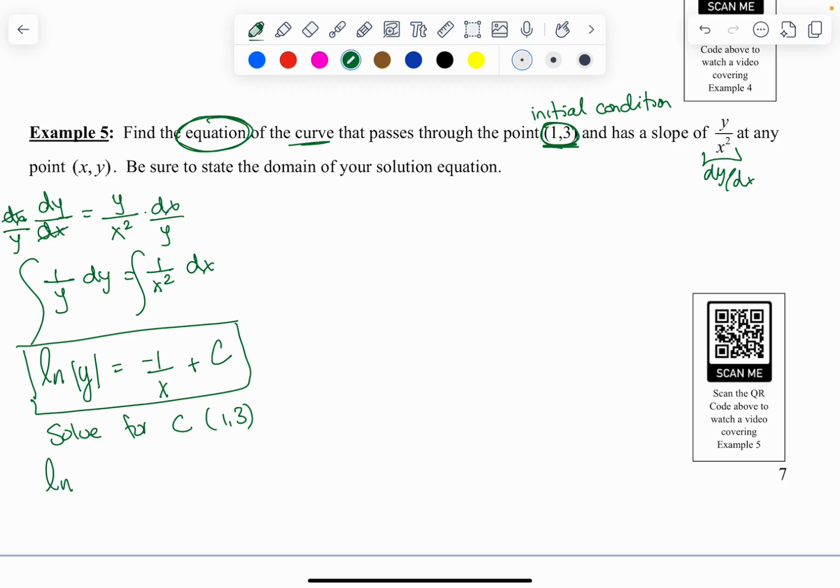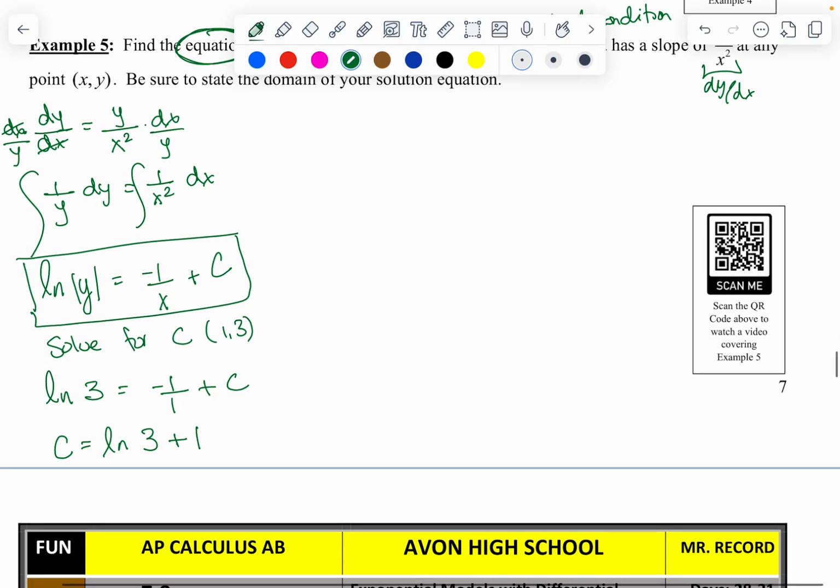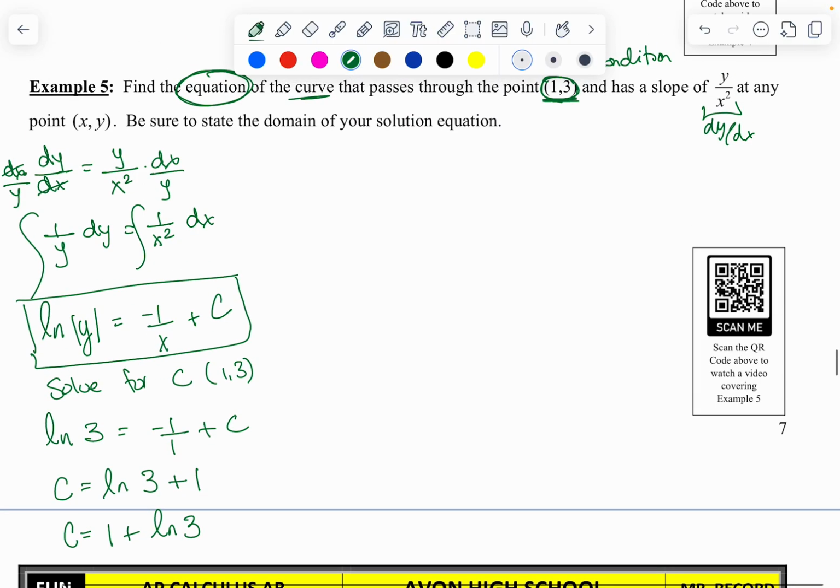So ln of 3 equals negative 1 over 1 plus c, so c equals ln of 3 plus 1. Sometimes with ln values, it's better to write 1 plus ln of 3, so that you don't confuse whether that 1 belongs inside the ln or not.